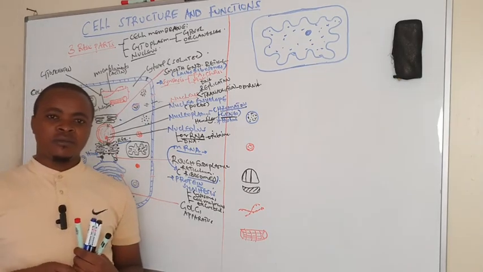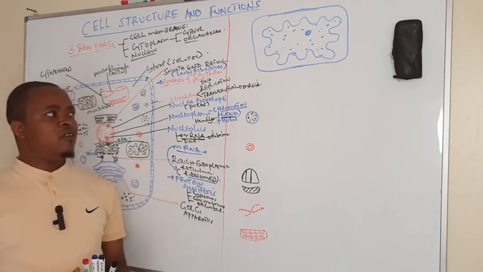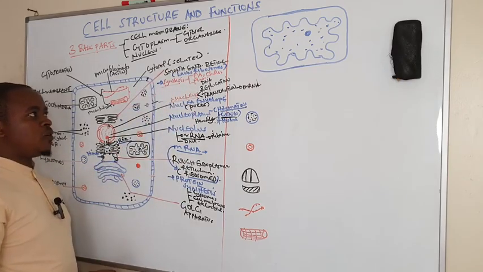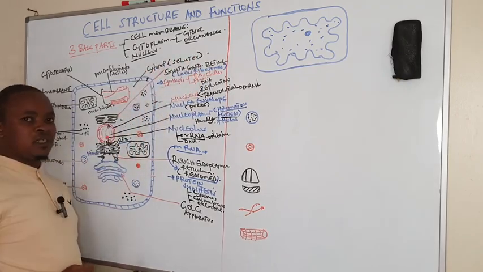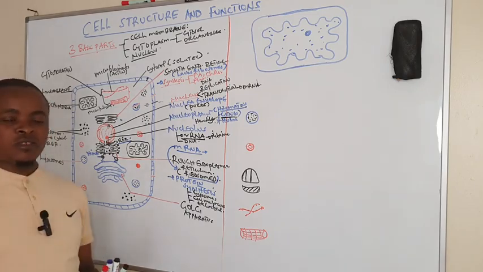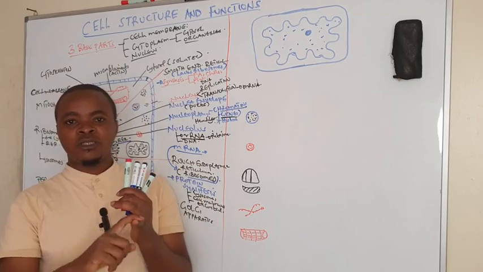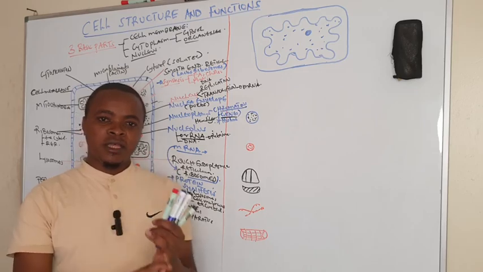Cholesterol we can use for manufacture of steroid hormones and fat-soluble vitamins. Phospholipids and fatty acids are also synthesized in the smooth endoplasmic reticulum. So note this as a student: the rough endoplasmic reticulum has ribosomes, and therefore it is a major site for protein synthesis.